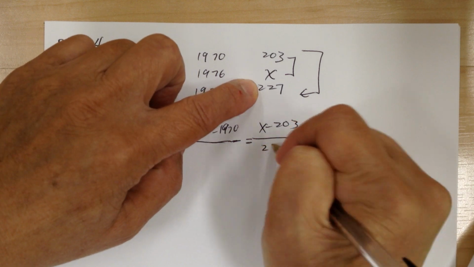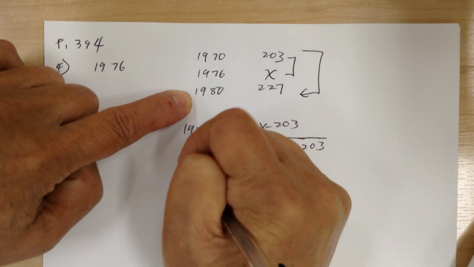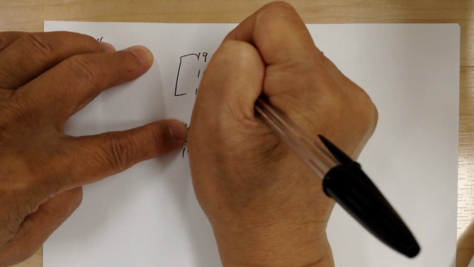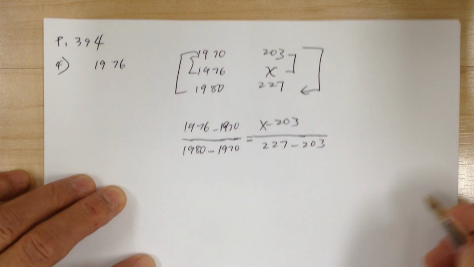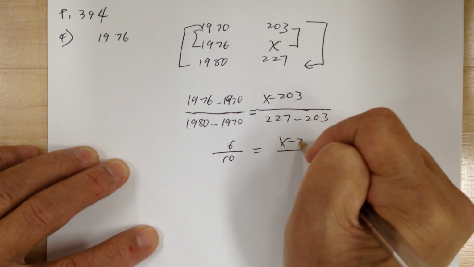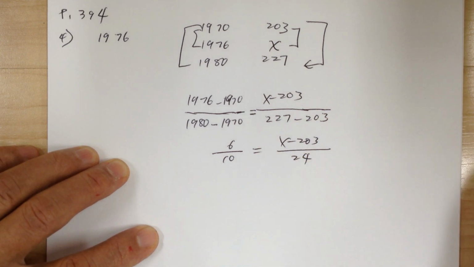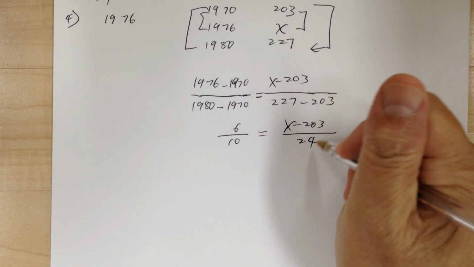So I get 227 - 203, and 1980 minus, again you have to use this pair and match up exactly. So I get 6 over 10 equal to (x - 203) over 24. Then you can solve.